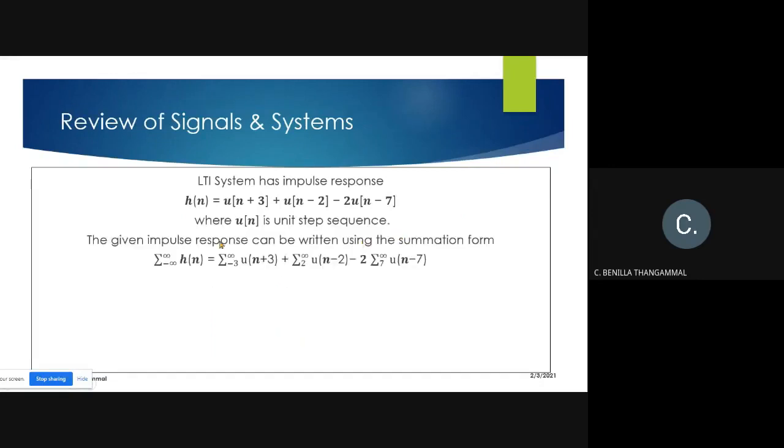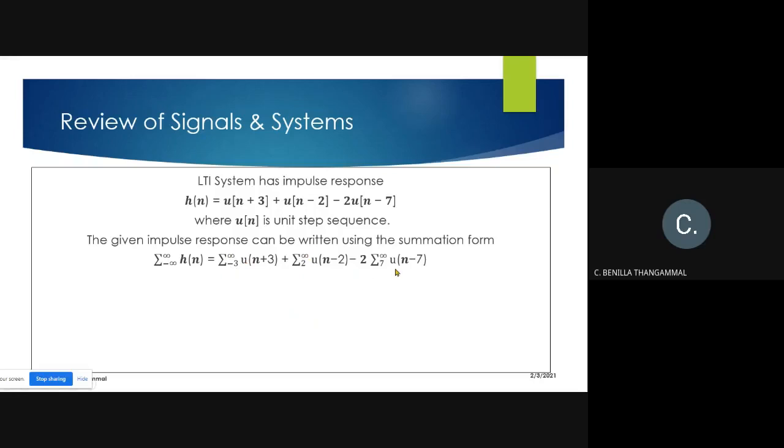If I apply the formula, summation from minus infinity to plus infinity of h of n. Here it is u of n plus 3, so n equals minus 3 to infinity. Here it is minus 2, so 2 to infinity for u of n minus 2. Here it is minus 7, so 7 to infinity. From 7 to infinity the value will be 1, from 2 to infinity the value will be 1, and from minus 3 to infinity the value will be 1.